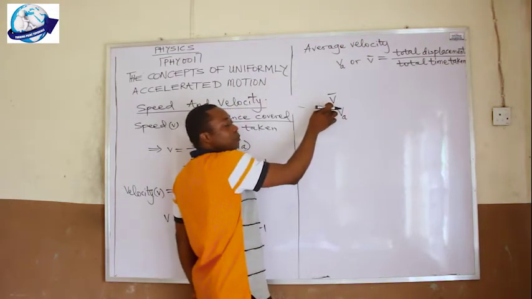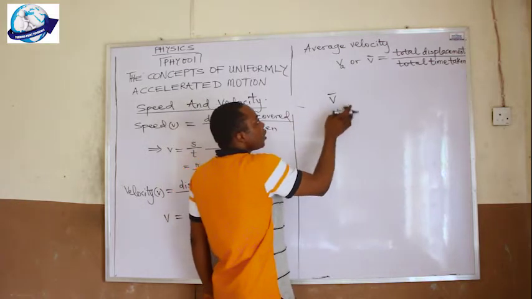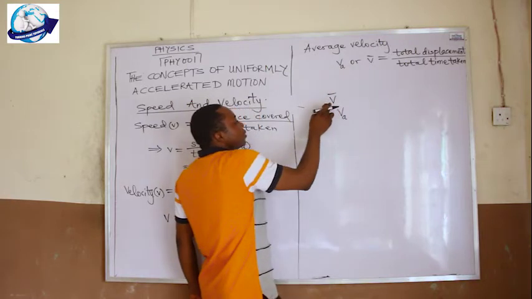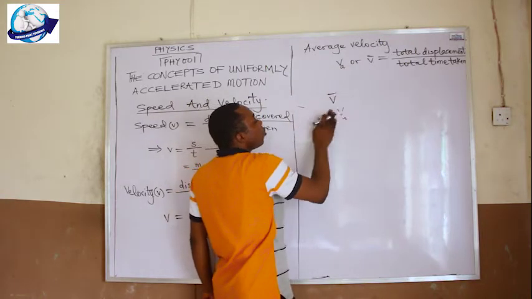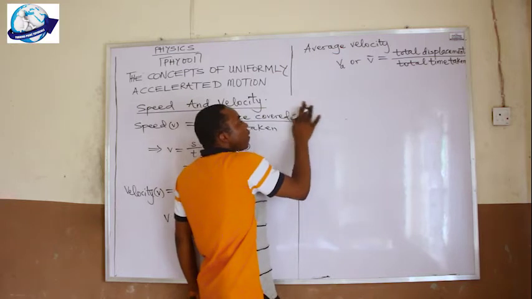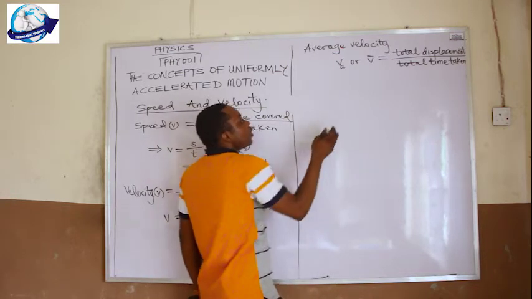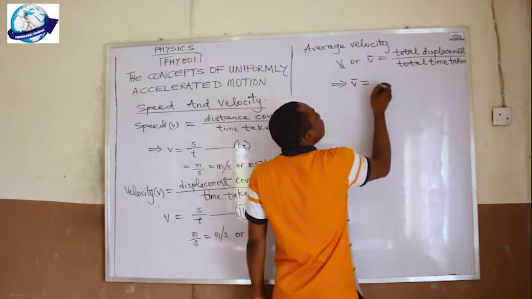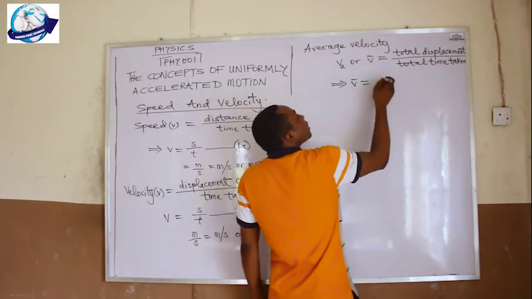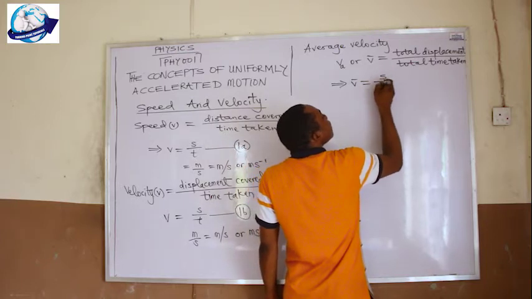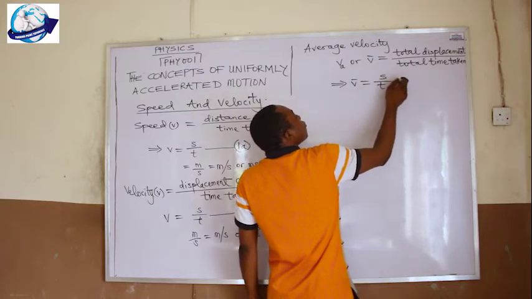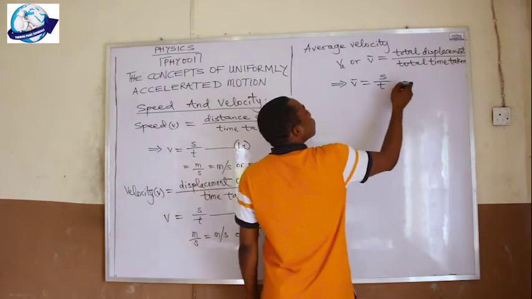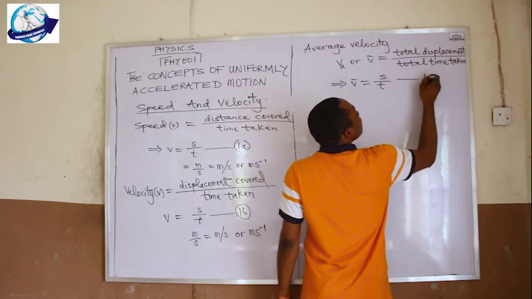Whichever one you want, you can choose one. Let's just make use of V bar always to represent average velocity. Mathematically, V bar is equal to total displacement S all over total time taken T. Call this equation 1A, 1B, and 1C.